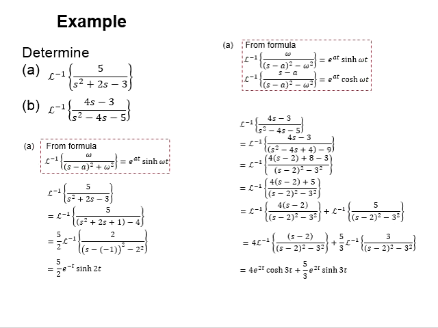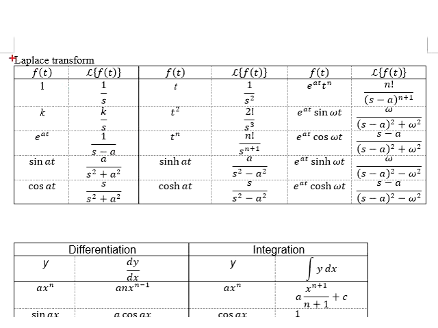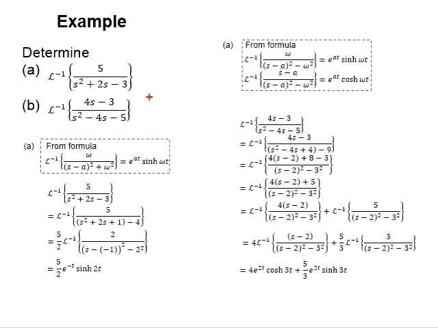What you see from the examples that we have done is that it is sometimes difficult for us to judge which formulas to use from the tables of Laplace transform, especially when involving the s to the power of 2.